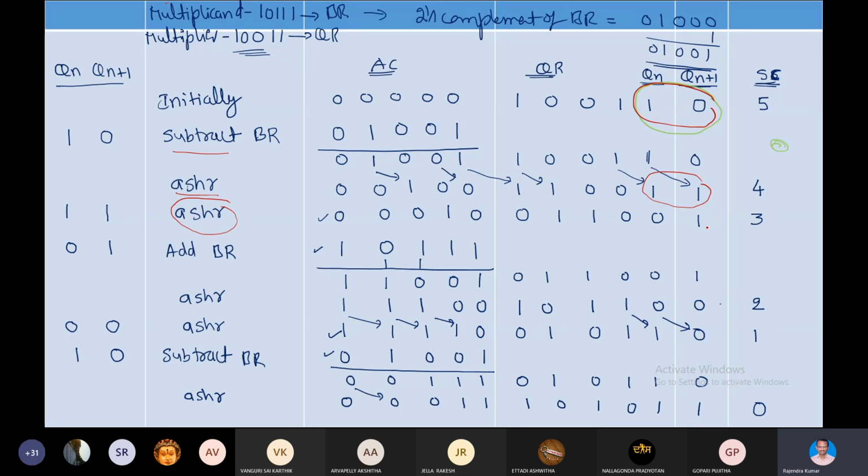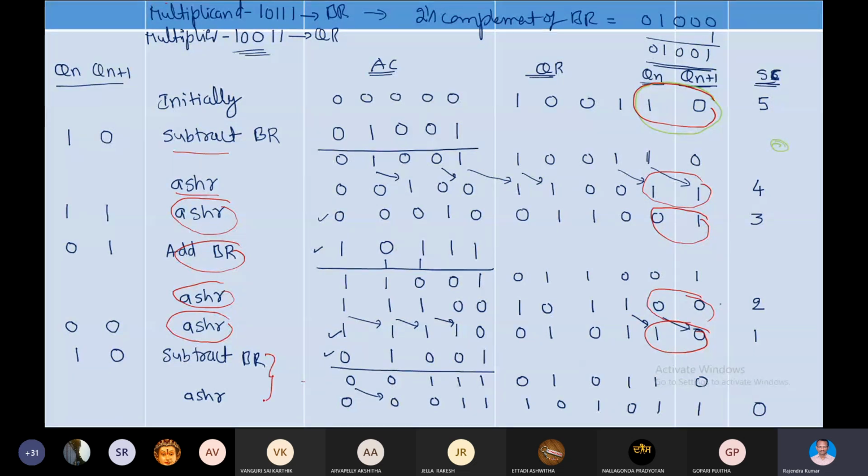And if it is 0, 1, we'll do addition operation and arithmetic shift operation. Next, if it is 0, 0, that means both are equal, so we'll perform arithmetic shift right operation. Again, if it is 1, 0, subtract operation and arithmetic shift right.